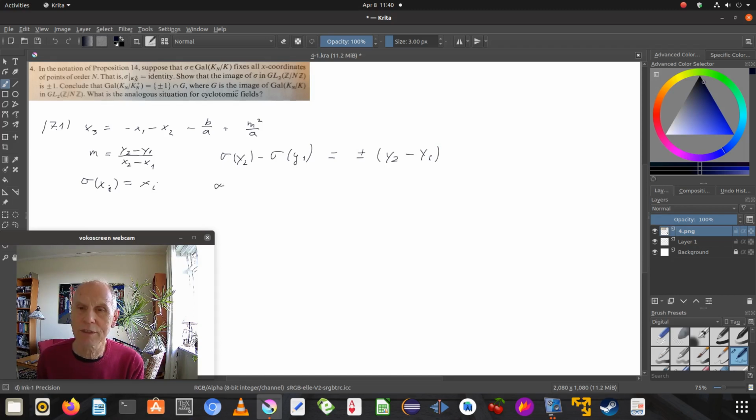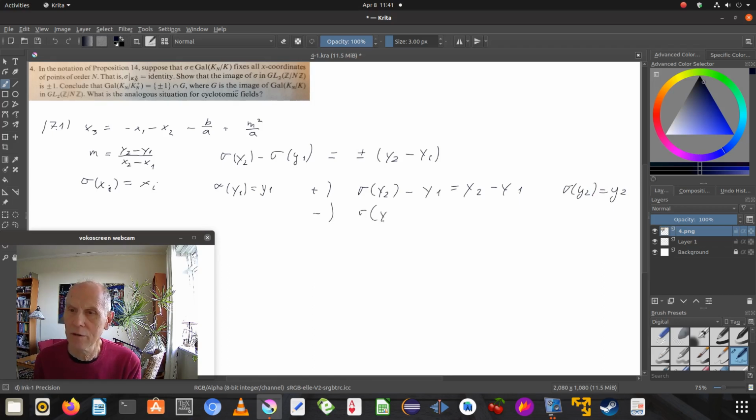One is that sigma y1 equals y1, and the plus sign, and the minus sign.